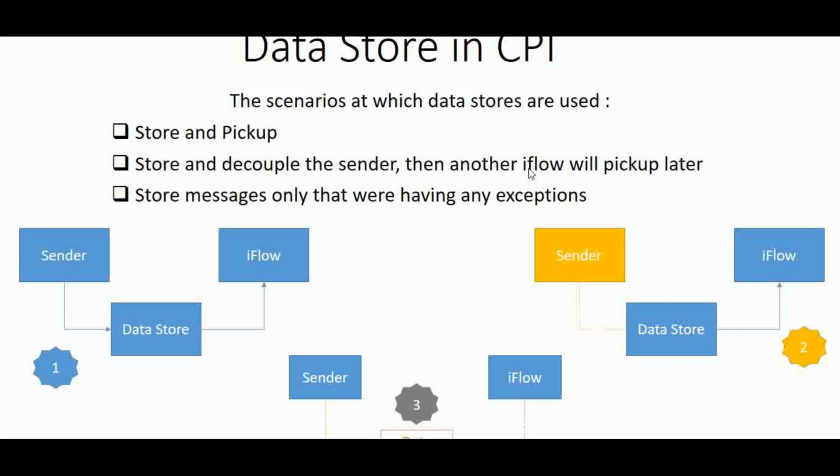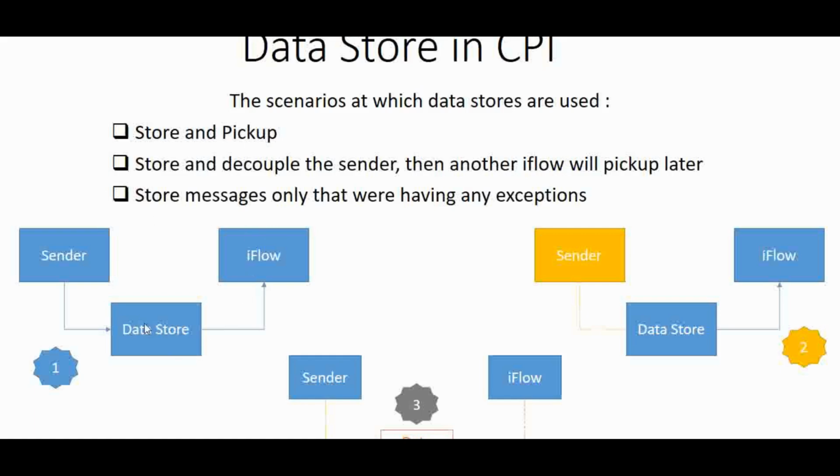Now, what are the scenarios in which we are going to use the data store? The one type is called store and pickup. That means a sender system is going to send data, and in the same iFlow you will be storing it in a data store on a continuous basis. Then after all the data are received in the data store, I will start reading one by one from the data store and process it.